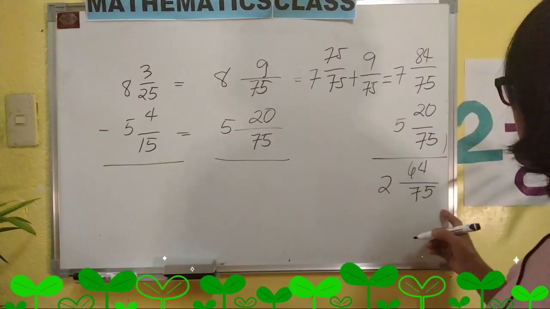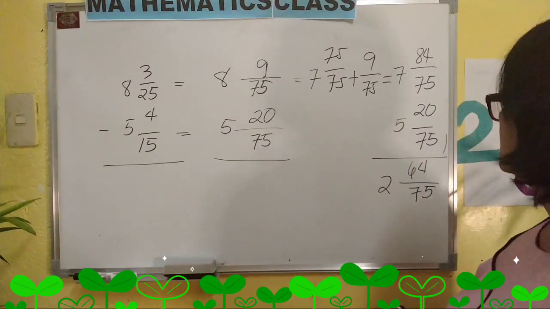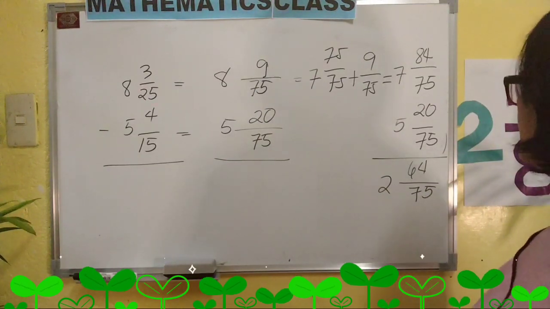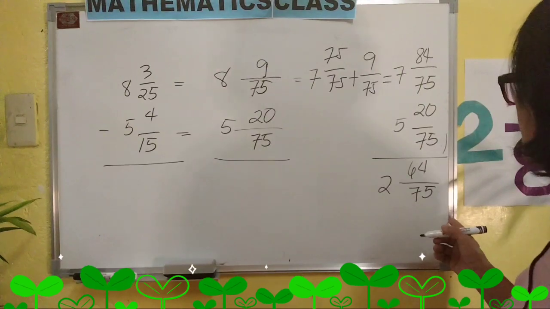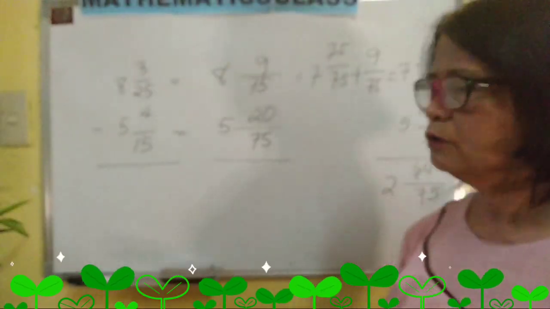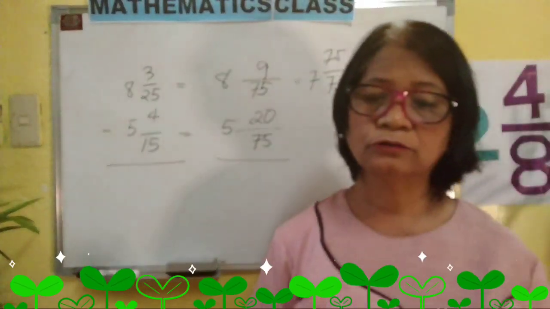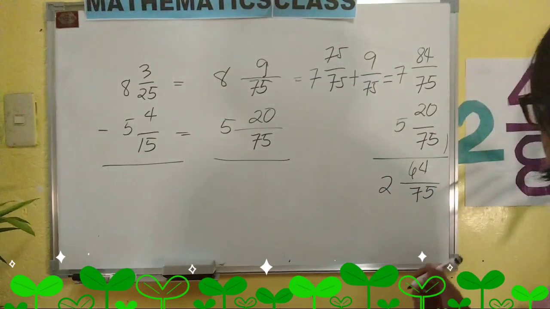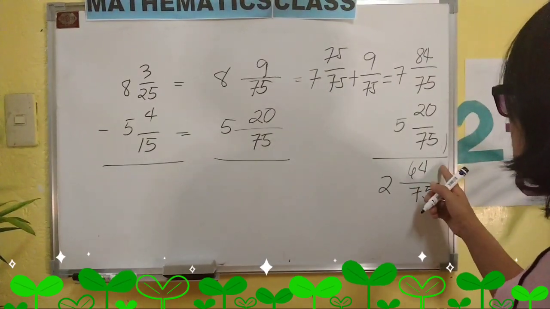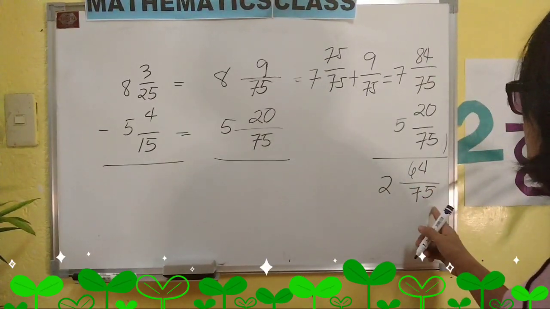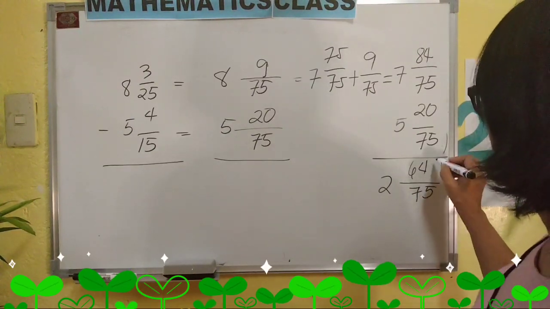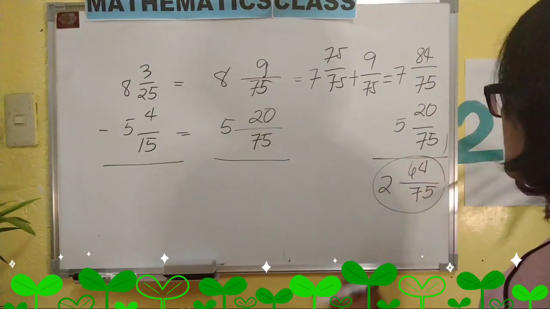Do we have a greatest common factor for 64 and 75? Para makuha natin ang lowest term, mayroon kaya tayong greatest common factor? Tingnan natin. This is not divisible by 5, by 2, by 3, by 4. So, wala na siyang greatest common factor.